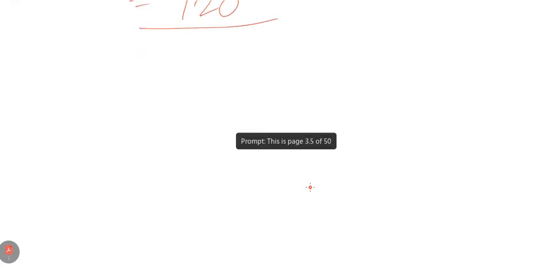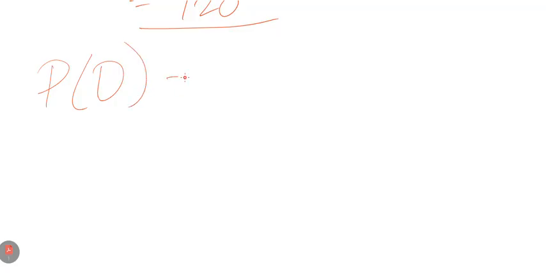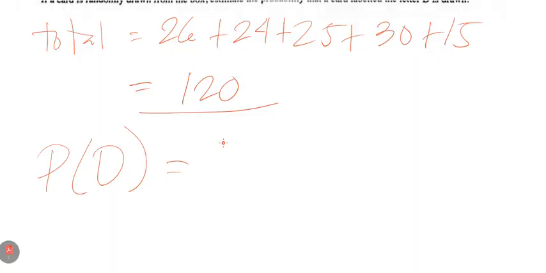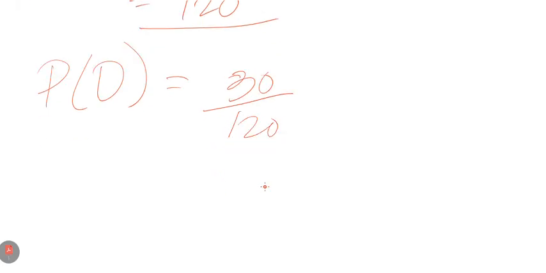So the probability of drawing D is going to give us 30 over 120, and we can simplify this to the lowest term.